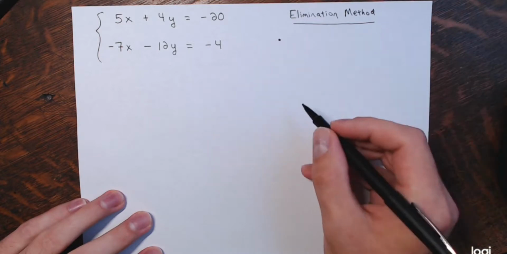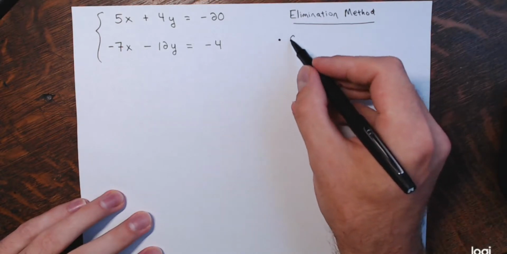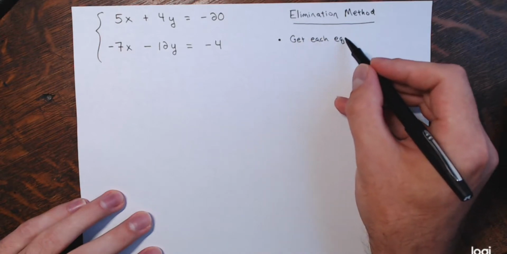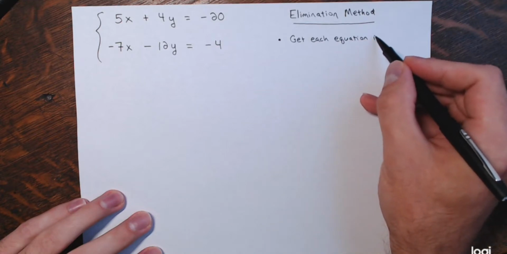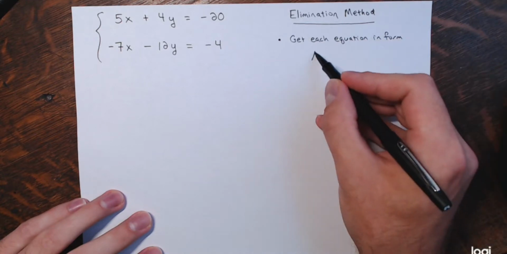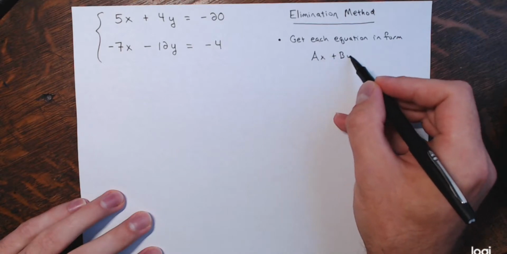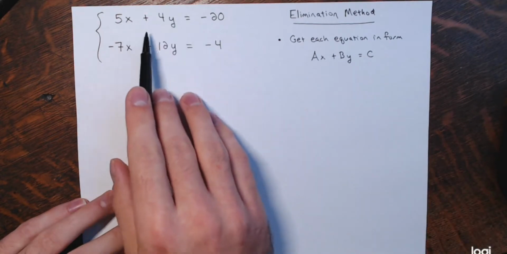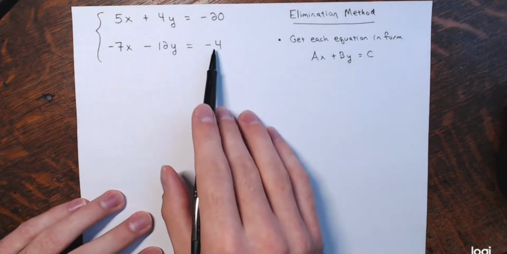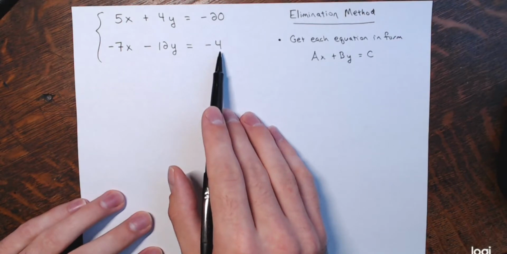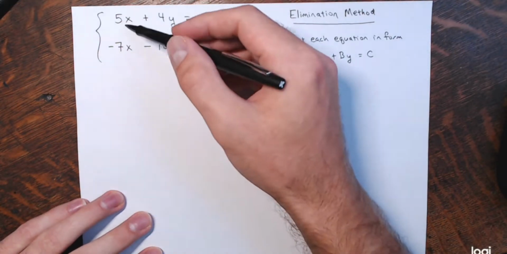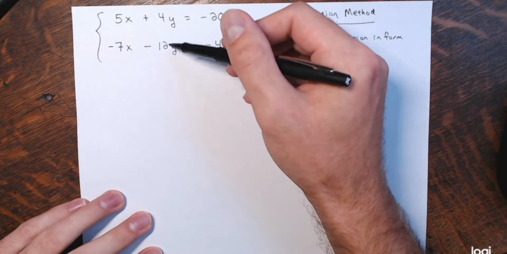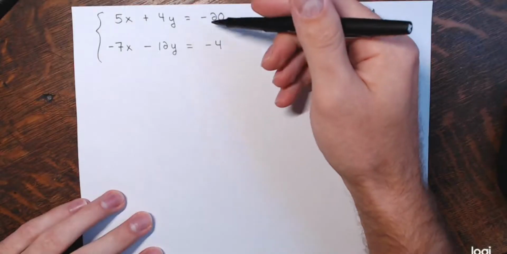So the first step is I get each equation in the form a times x plus b times y equals c. So basically, I just take all the variable terms to the left side and constant terms to the right side of the equal signs. And be sure to line up like terms, right? So you see how the x's are lined up, the y's are lined up, okay? And then the constants are lined up on the other side.